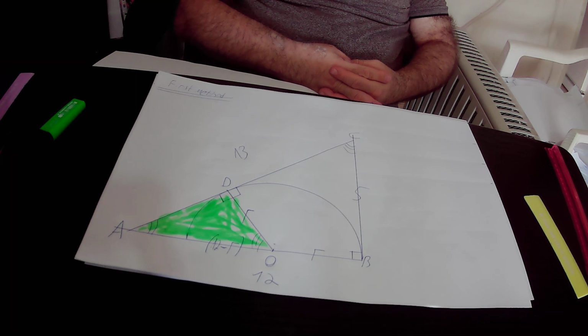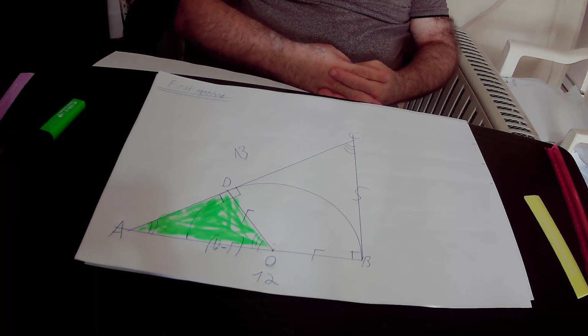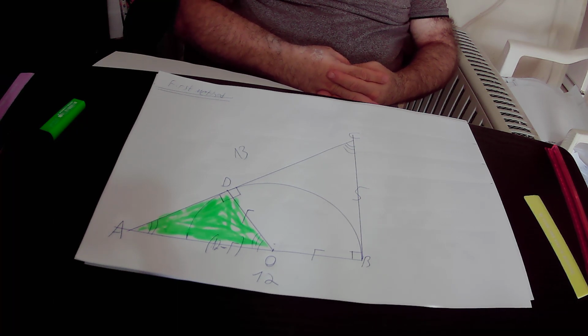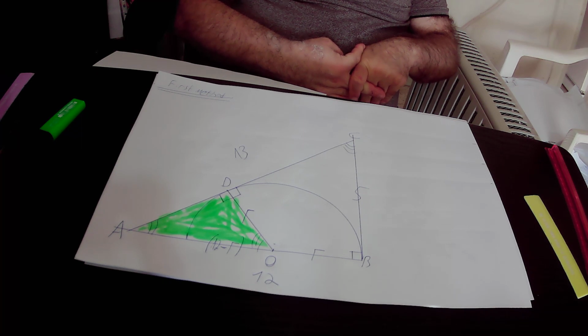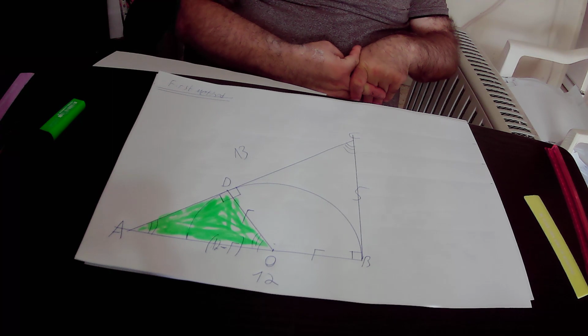So if we have two angles that are congruent in two triangles, then the third angle must be equal as well, because the value of the third angle is 180 degrees minus the sum of the two other angles that are equal in both triangles. Therefore, the third angle must also be equal in those two triangles.